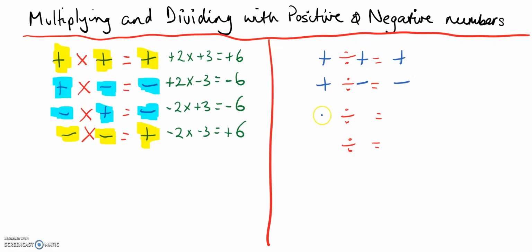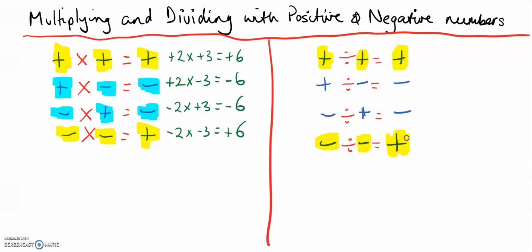A negative number being divided by a positive number will give us a negative answer, and a negative number being divided by another negative number will give us a positive answer. So again, same with same will give positive.